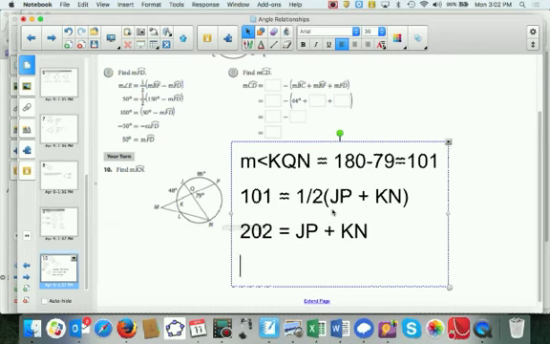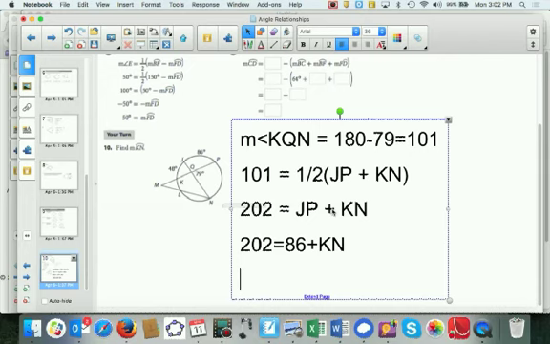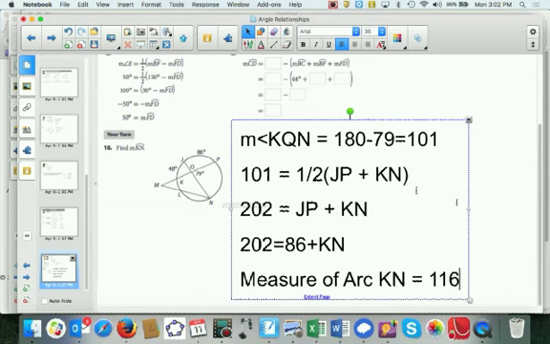JP is 86, so I have 202 equals 86 plus KN. And when I subtract 86 from both sides, 202 minus 86 is 116. So the measure of arc KN equals 116.